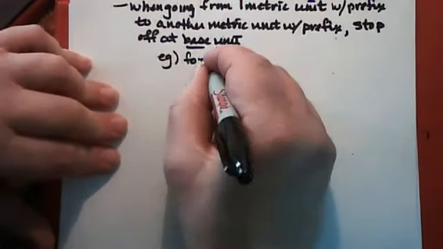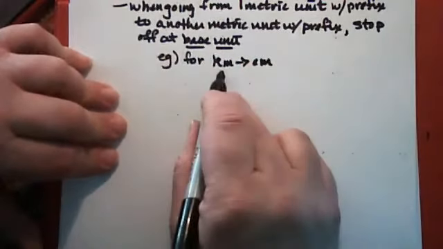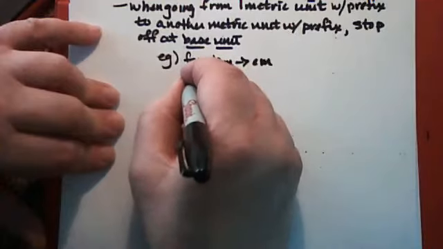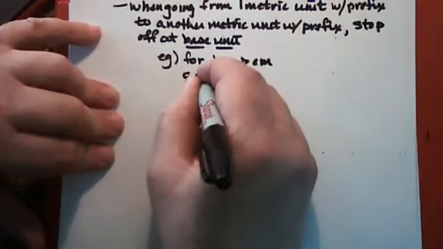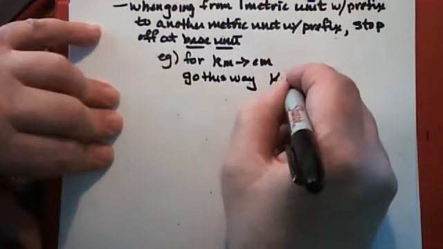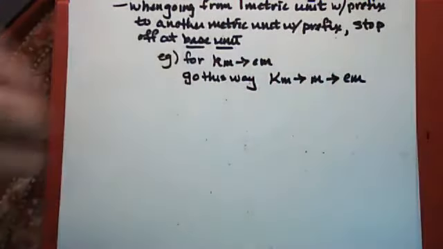And we saw that in the last example. If you want to convert from kilometers to centimeters, the best thing to do is go from kilometers to meters and go from meters to centimeters.